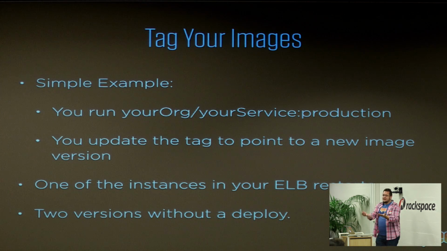So now you have your old production tag over here that's still running, and your new production tag over here that's still running, and they're both behind the same ELB, or load balancer, or whatever. And now they respond in different ways. Now you have introduced non-deterministic behavior to your API, and you have pissed off your front-end developer, and nobody's happy with you.